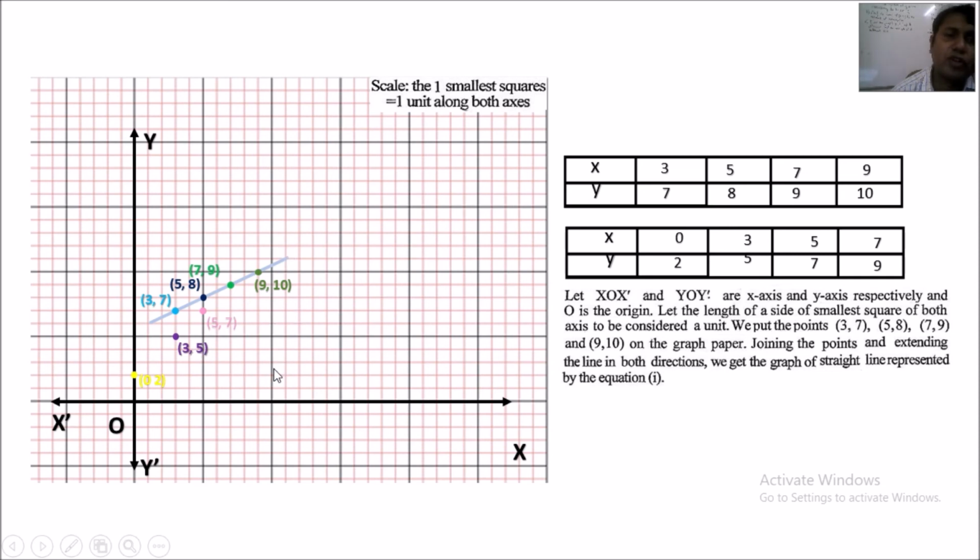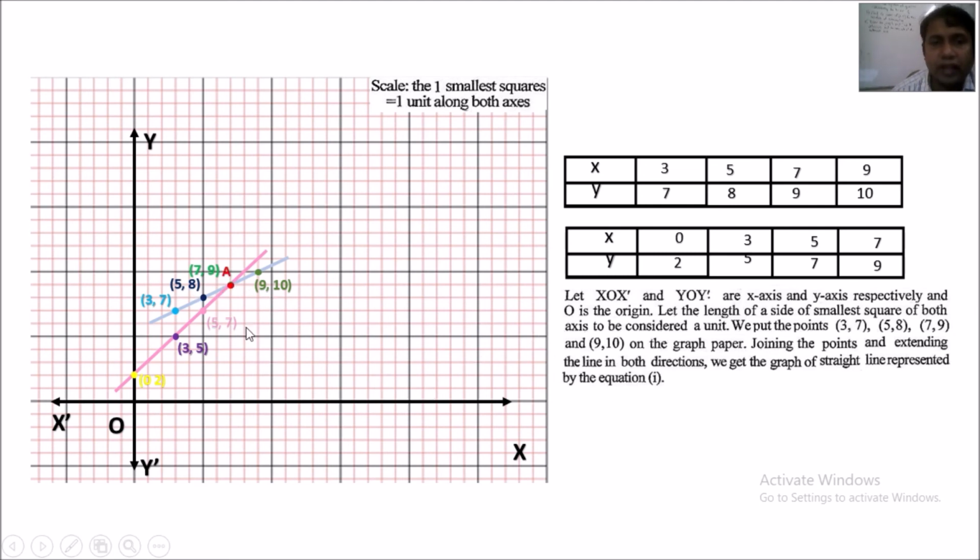Now we are going to join the line. Here it is. We just join the line, and the two straight lines intersect at where? 7, 9. Now we are going to write for the second. So this one is 7, 9. That is the intersecting point.